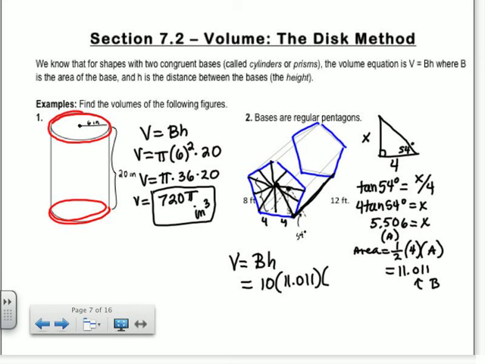The height is always the distance between the two bases. So the height is 12, so 12 feet. So I take my number that I have stored times 10 times 12, or times 120. So I get 1321.327. Okay, so the way we did that ensured that we didn't have any rounding error, like we just kept storing the answer. Our units are cubic feet.